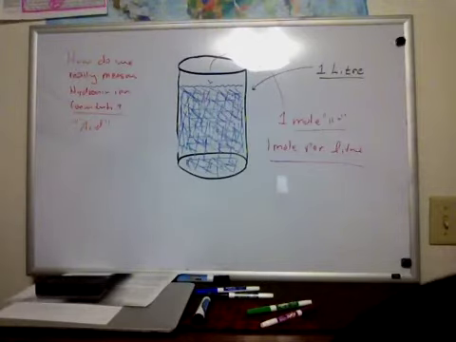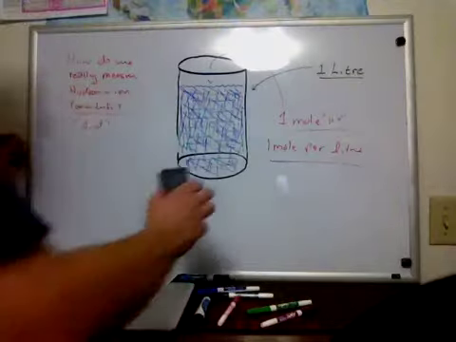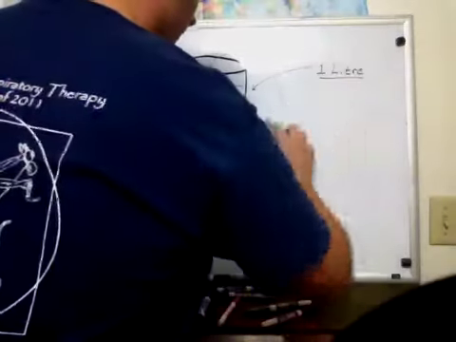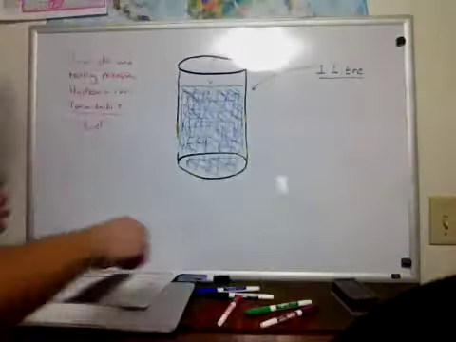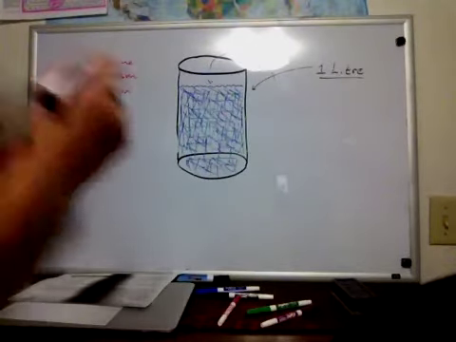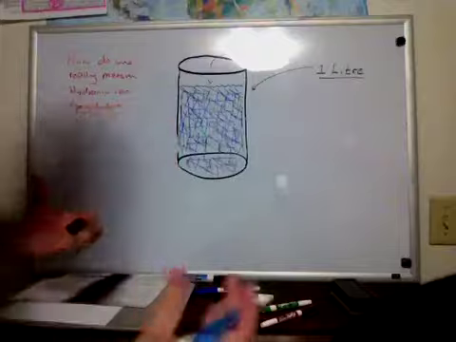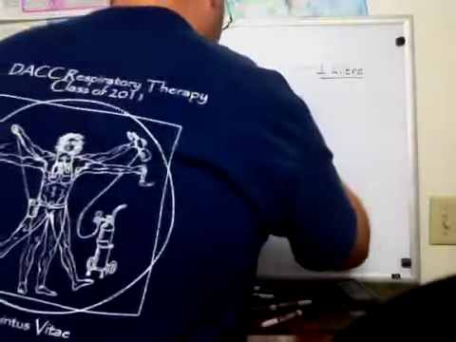Now clearly 1 mole per liter is pretty concentrated. I hope everyone would agree. You know, that's quite a bit. So under normal circumstances, certainly under biological circumstances, we're not going to be dealing with 1 mole per liter. We're going to be dealing with parts of a mole, right? Because a mole is just a number, so I can have fractions of a mole.